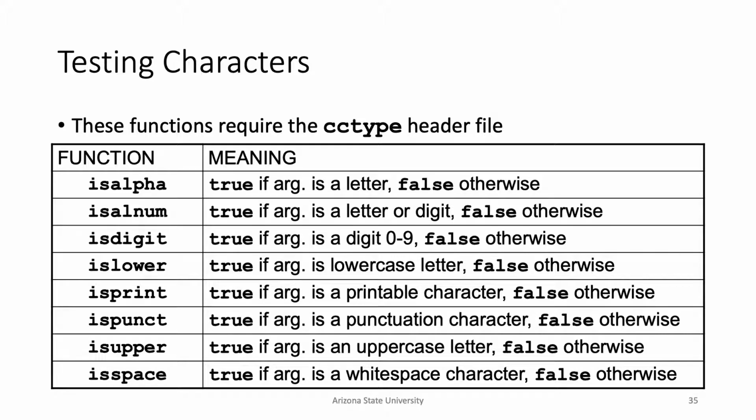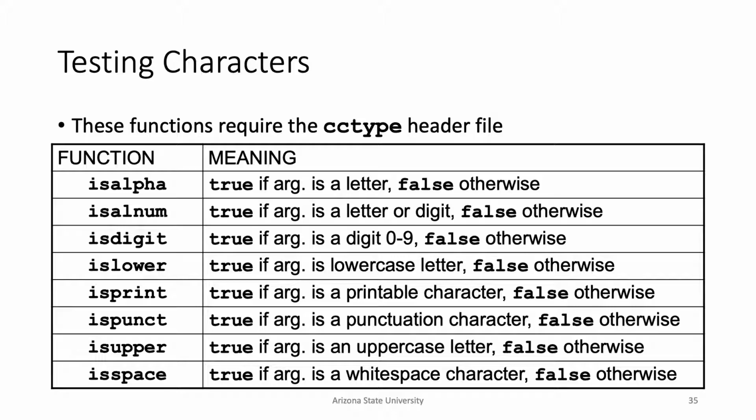No. So there are these handy functions in this header. So if we include this cctype header, then what we can do is use these functions, and then we can actually get queries like, is the input from the user a digit, for example? Or is it lowercase? Or is it uppercase?